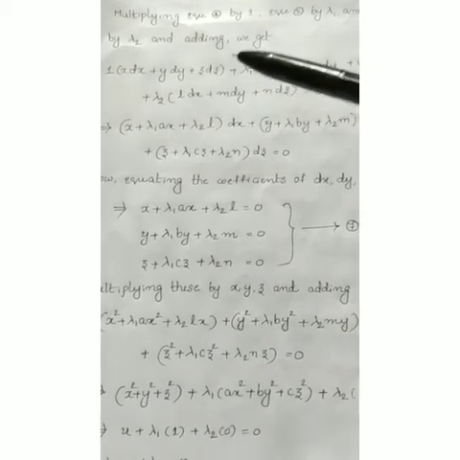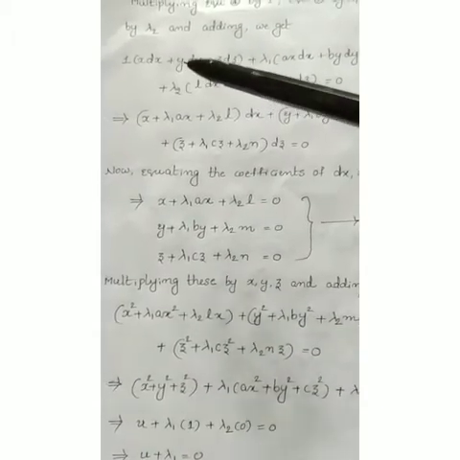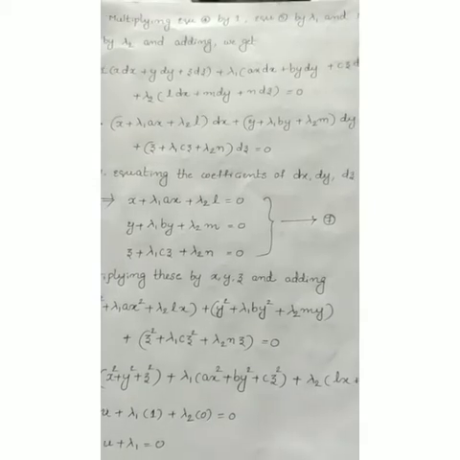Then taking dx, dy, dz as common: (x + lambda 1 ax + lambda 2 l) dx, then the dy terms (y + lambda 1 by + lambda 2 m) dy, plus (z + lambda 1 cz + lambda 2 n) dz = 0.